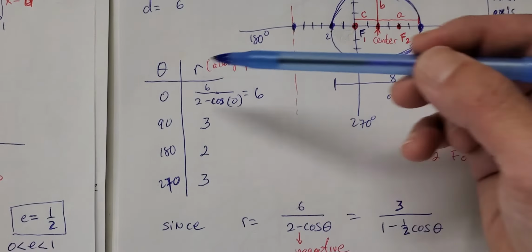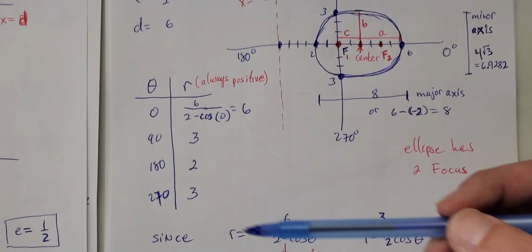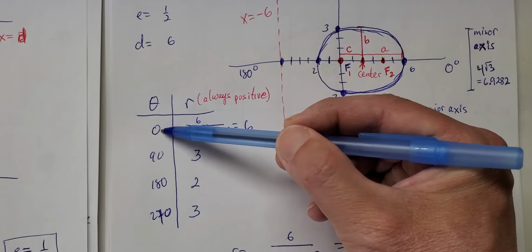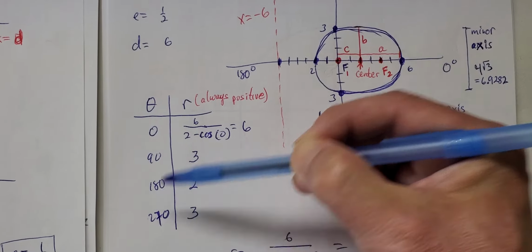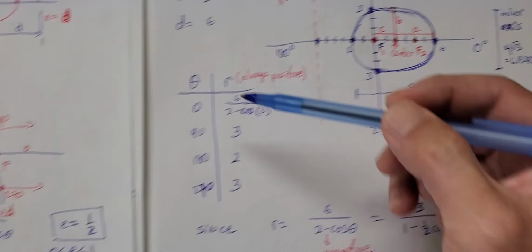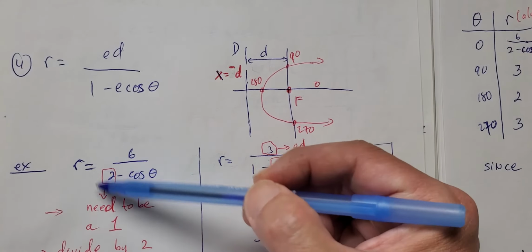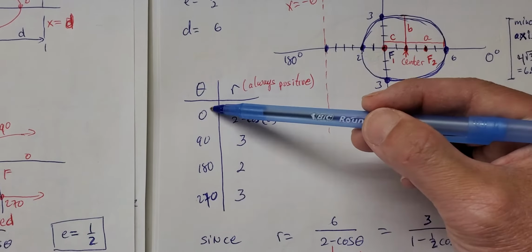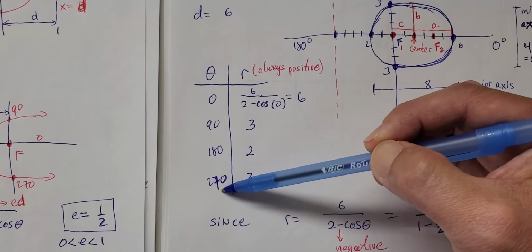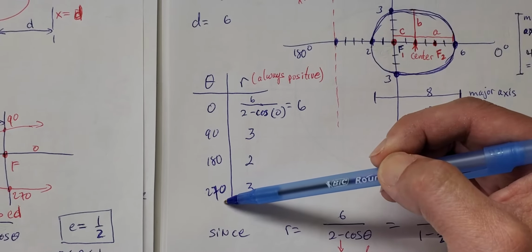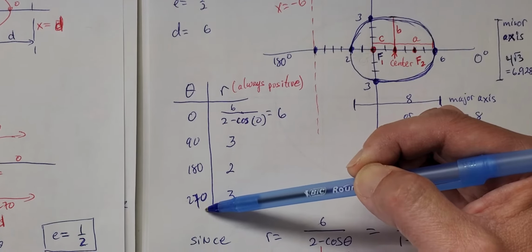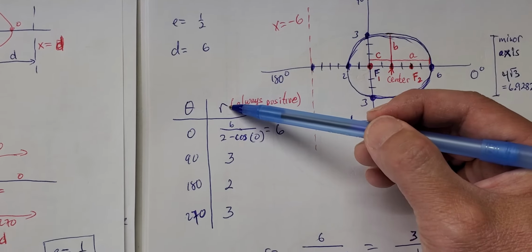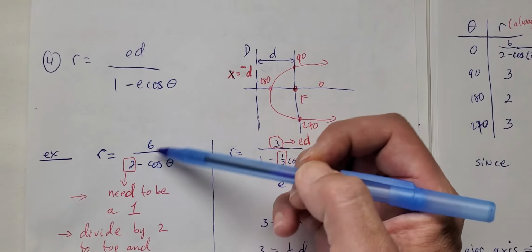So theta, which is your degrees, and r, using the original equation right here. Use these 4 degrees to get my points.